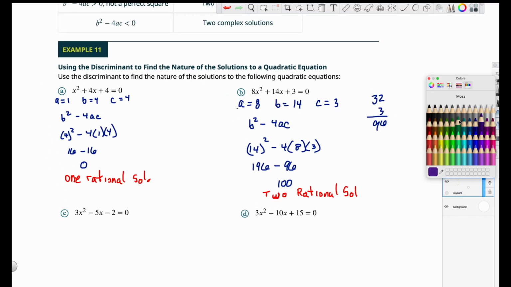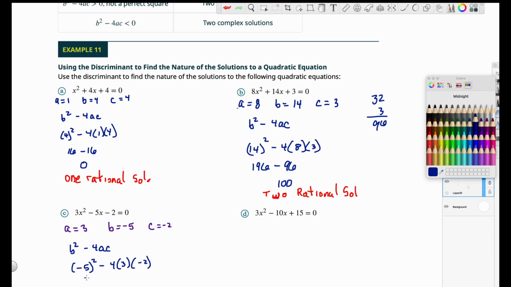Next one here. So b squared minus 4ac, negative 5 squared minus 4 times 3 times negative 2.